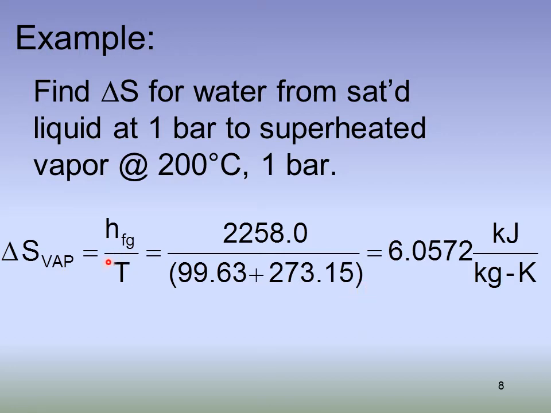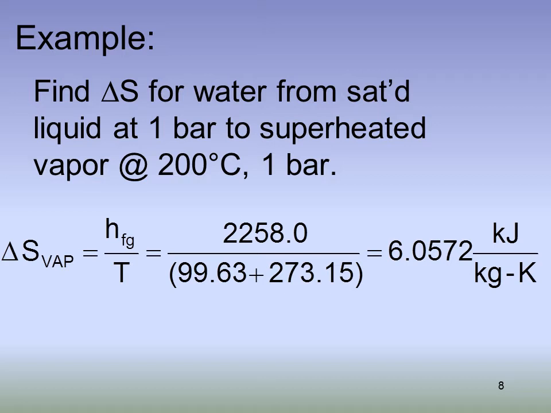Anytime you're dividing by T, it's almost always going to be that you need to have absolute temperature. If it makes a difference when you're doing the calculation, you're safer using absolute temperature, and nature considers the absolute temperature the one that matters. So this comes out to 6.0572 kilojoules per kilogram K. And if you look in your tables, you'll find that that should be very close to SFG at that point.